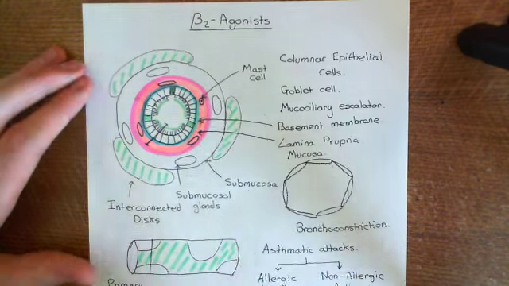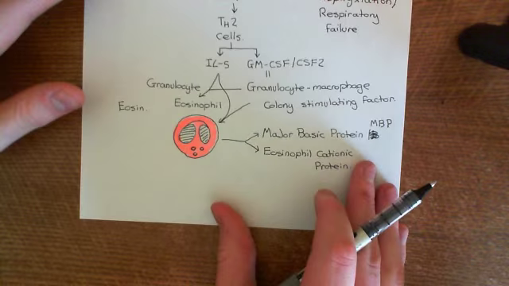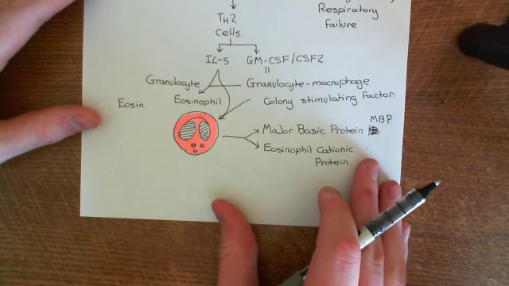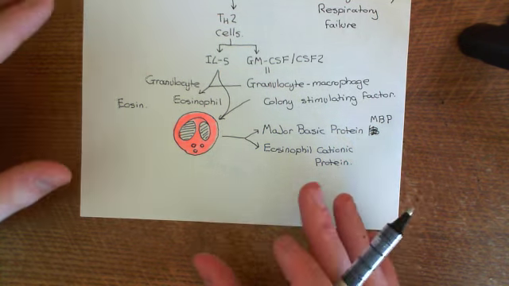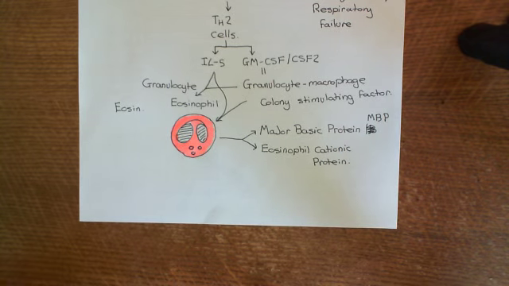Every time you have an asthmatic attack, you are damaging your bronchi because of these eosinophils coming in. What this gradually leads to is the exposure of neurons. In the lamina propria you have sensory neurons, and these sensory neurons can gradually end up exposed to the lumen of the airway.